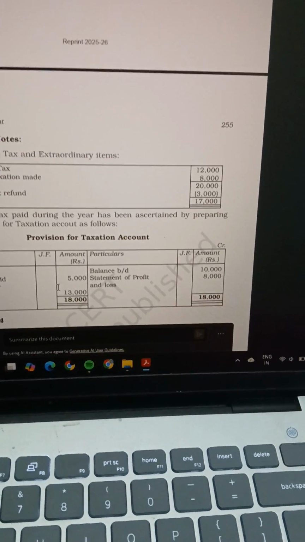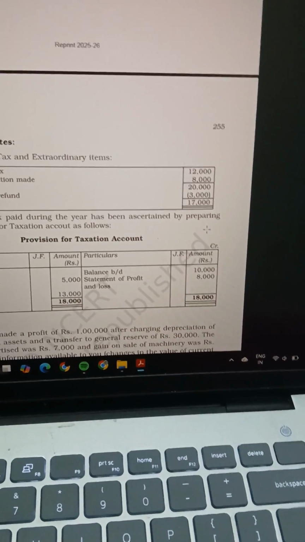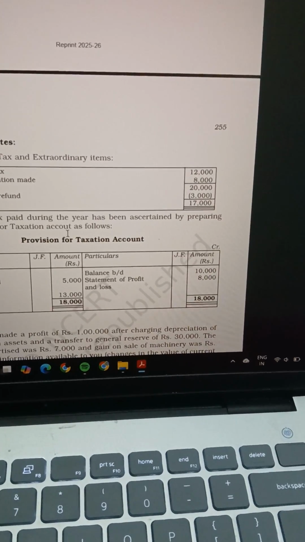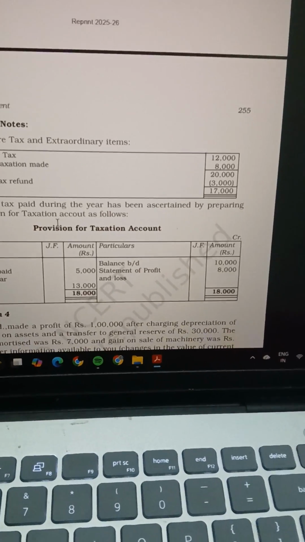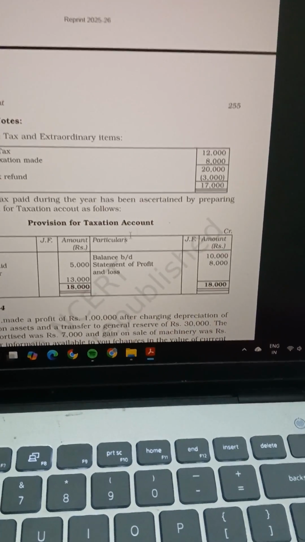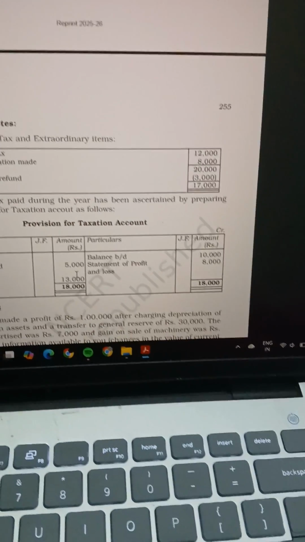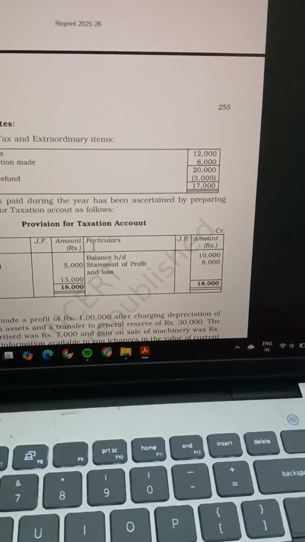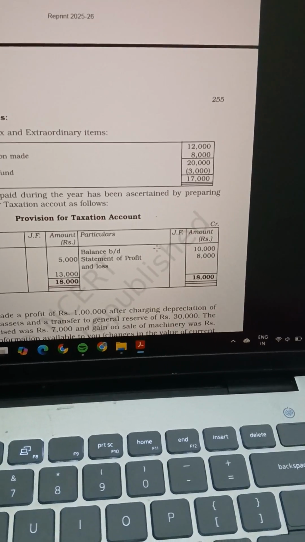Then the income tax paid during the year has to be ascertained by preparing the provision for taxation account. So we have to write the heading provision for taxation account. Then the format of the account is given. It has a credit balance. The provision for taxation account has a credit balance brought down.